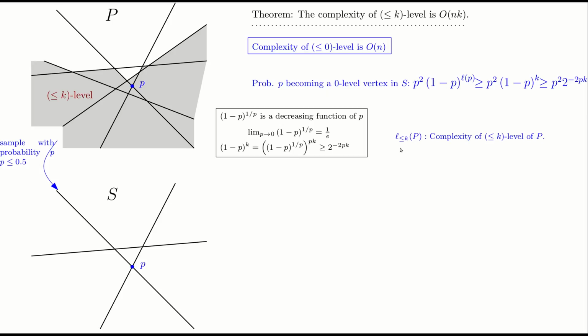Let's denote the complexity of less than or equal k level of P with this notation.